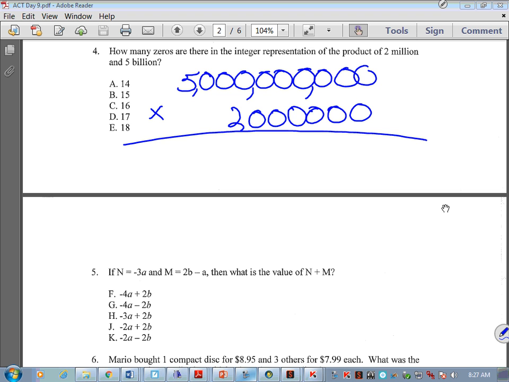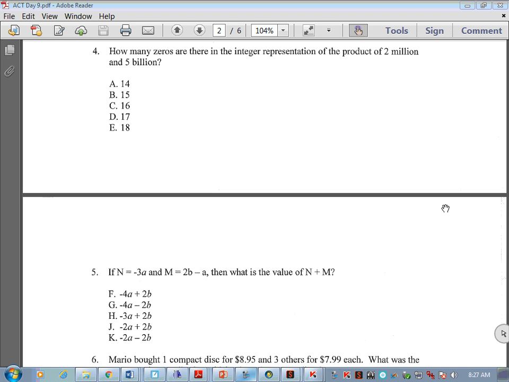Okay, so it looks like I've got 1, 2, 3, 4, 5, 6, 7, 8, 9, 10, 11, 12, 13, 14, 15. Okay, but because I'm 5 times 2, right? What's 5 times 2? 10, right? Which gives me that extra 0 there, which is why I'm getting 16 zeros. Yep, product. Okay, that's why we get 16.